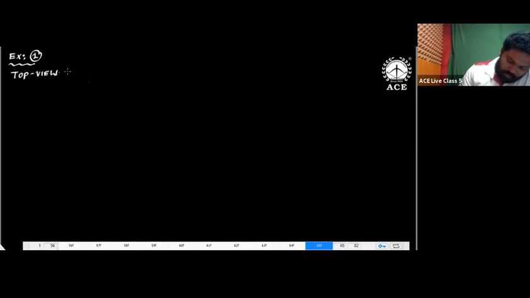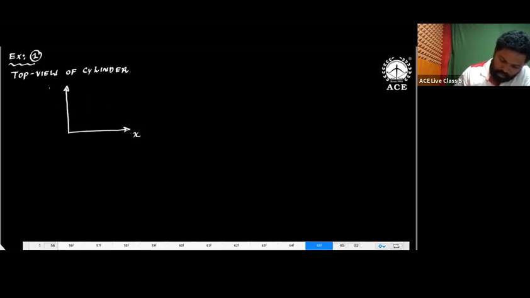Let me turn the page here. Example number 1. Consider the top view of a cylinder. What is the top view of the cylinder beta? It is something like this. Here it is x, here it is y. z is outside the board beta. Here is the cylinder top view.